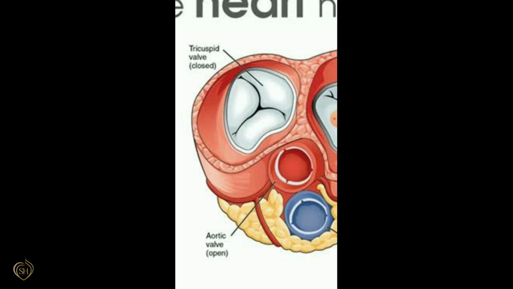And between the aorta and left ventricle is called the aortic valve. And both function to regulate the blood circulation from ventricle to the blood vessel, and prevent the reverse flow of blood from blood vessels to the ventricle.